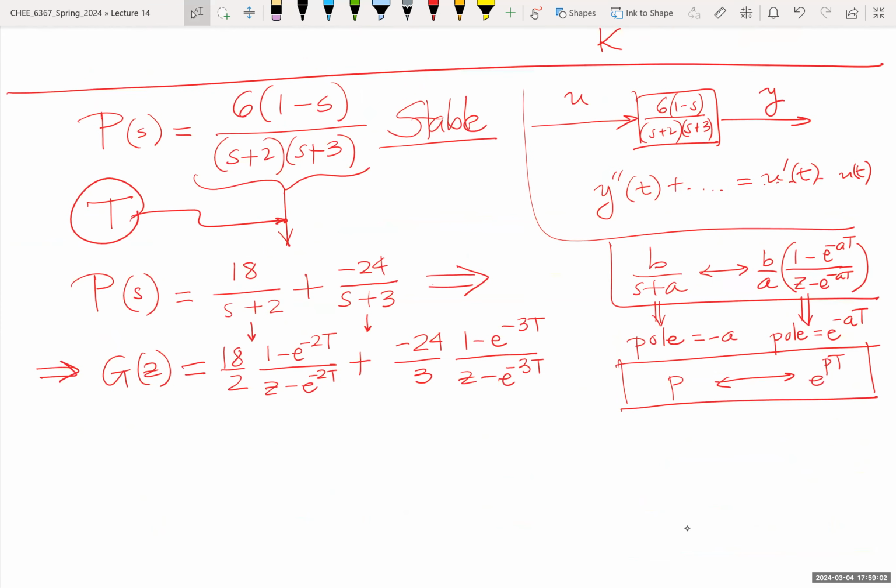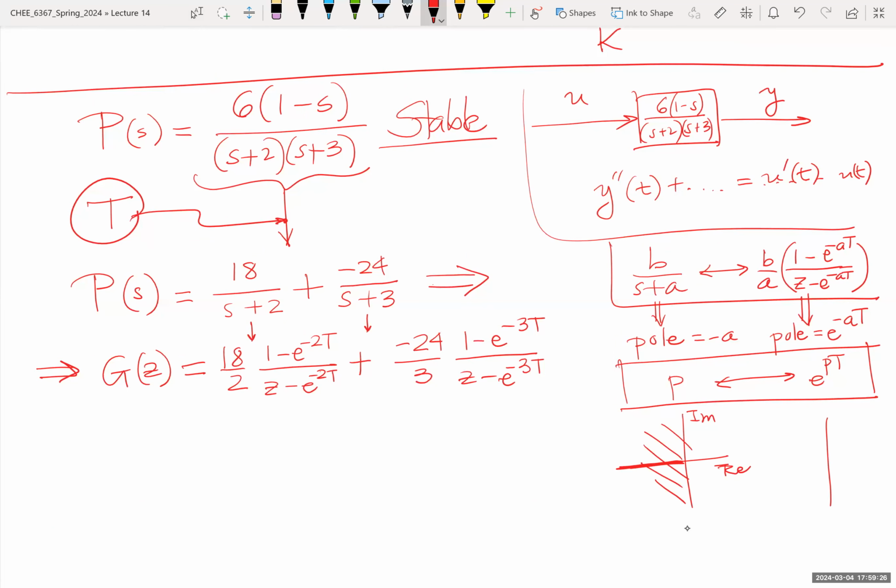If it is here in the complex plane, this is the real axis, this is the imaginary axis. Now, let's look at this. If the pole is real, then if it's negative, the corresponding behavior is stable in the time domain when you invert.